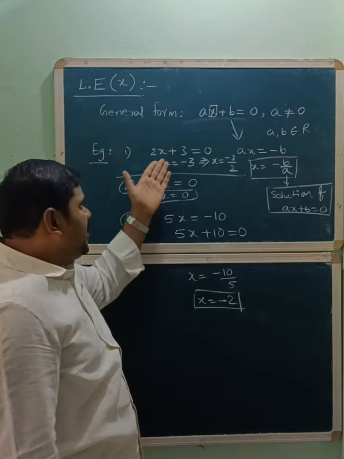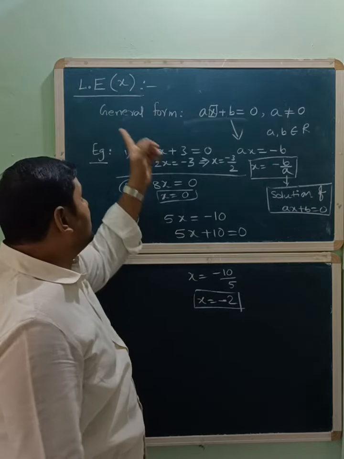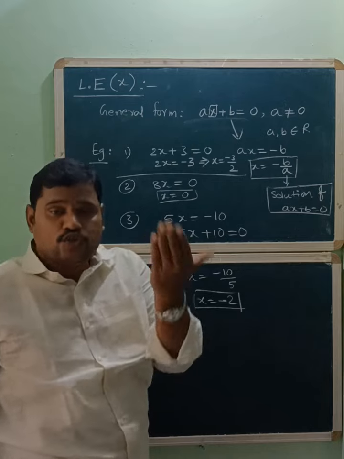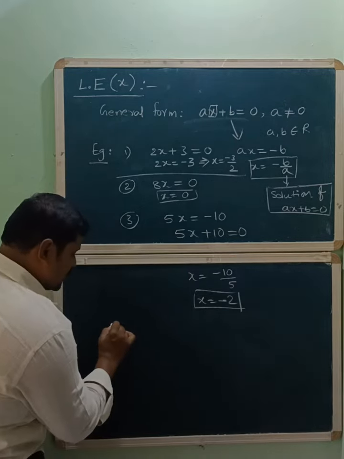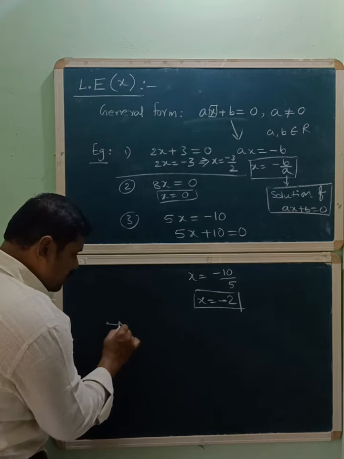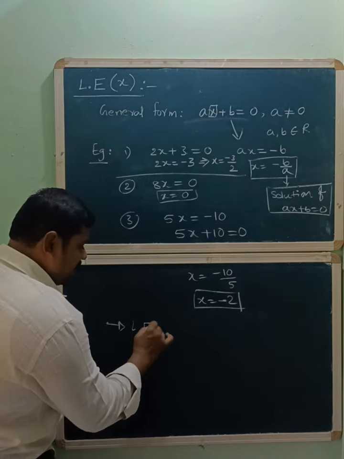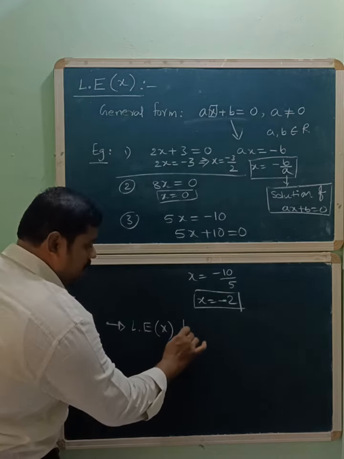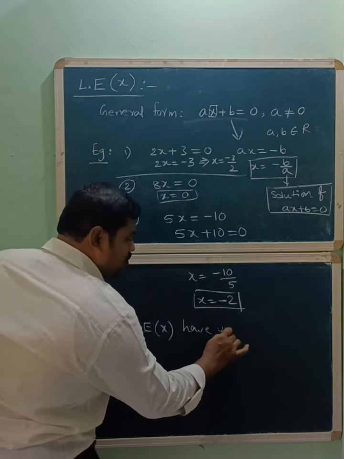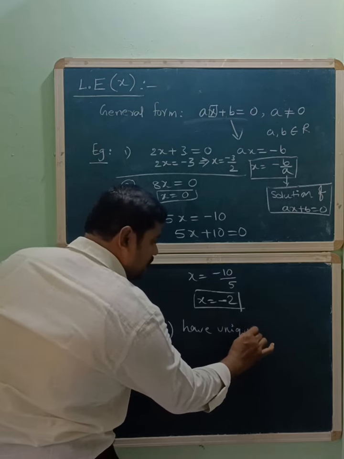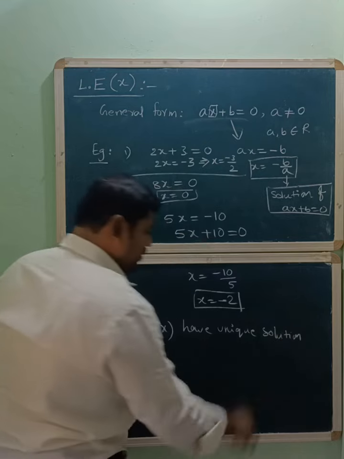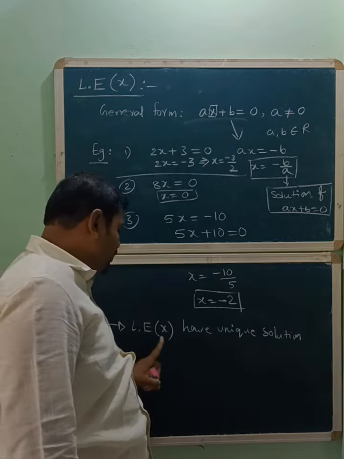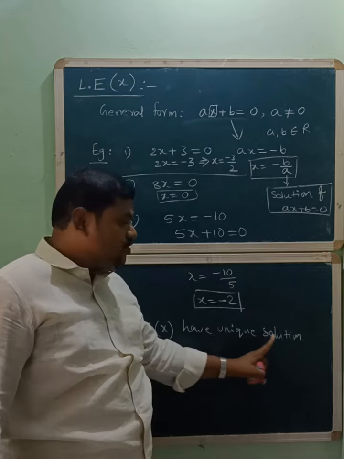For any example of a linear equation in one variable, how many solutions exist? Only one solution exists. That's why here we can write an important point: a linear equation in one variable has a unique solution.